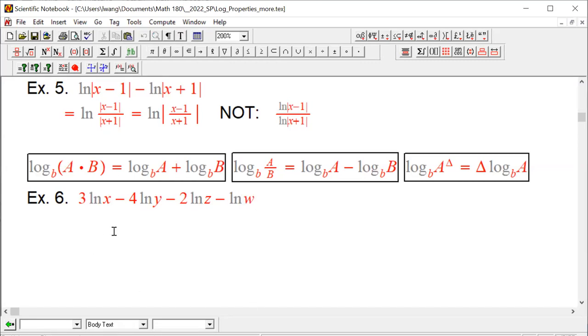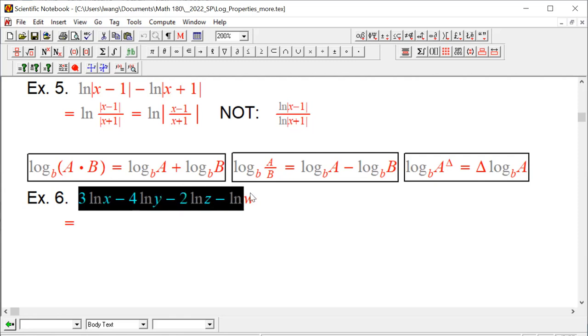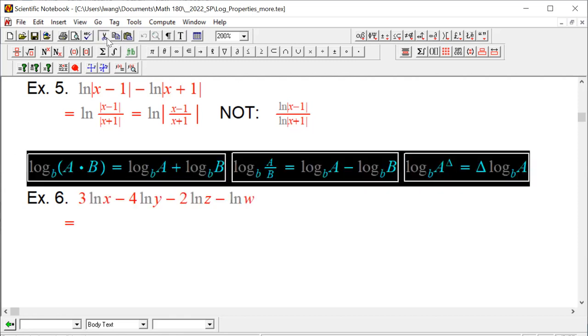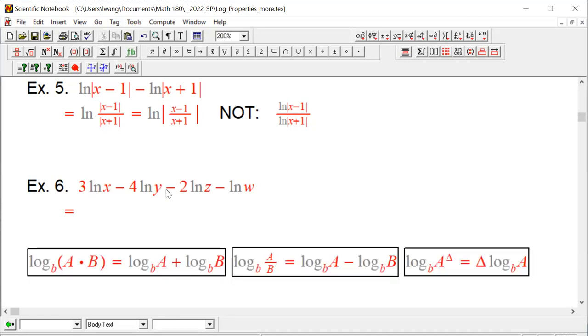There are definitely many different ways of doing this. Here, I want to do it in a more organized way. Okay, certainly we need to apply the power rule. So I have ln x raised to the power 3 minus ln y to the power 4 and minus ln z to the power 2 and minus ln w.